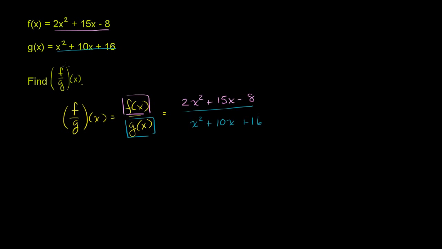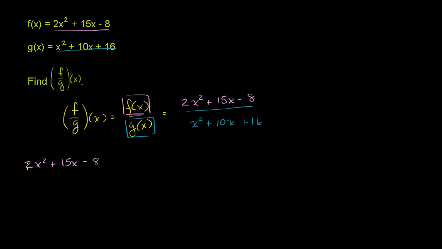So first let's try the numerator, and I'll actually do it down here. If I'm looking at 2x squared plus 15x minus 8, we have a quadratic expression where the coefficient is not 1. And so one technique to factor this is to factor by grouping. You could also use the quadratic formula.